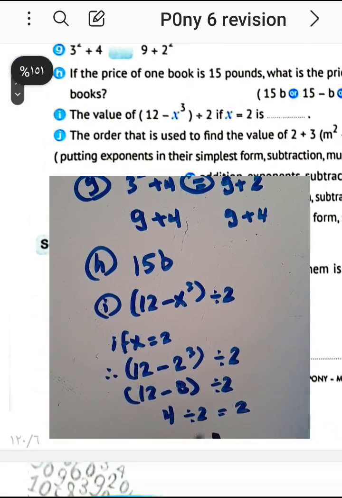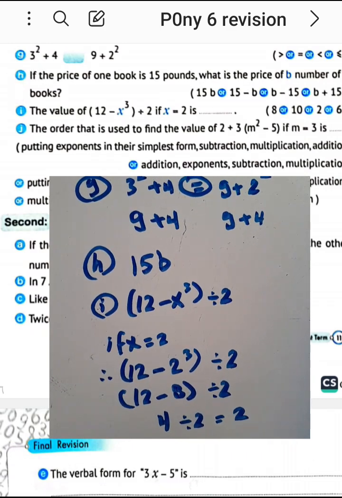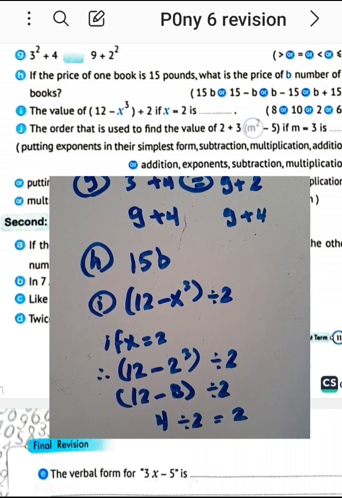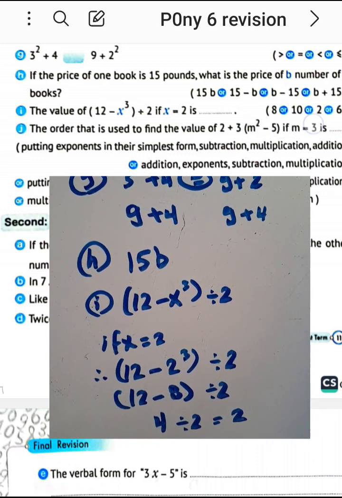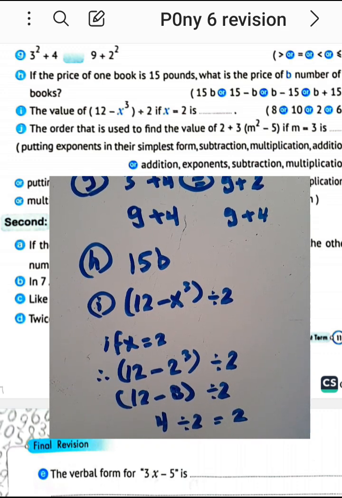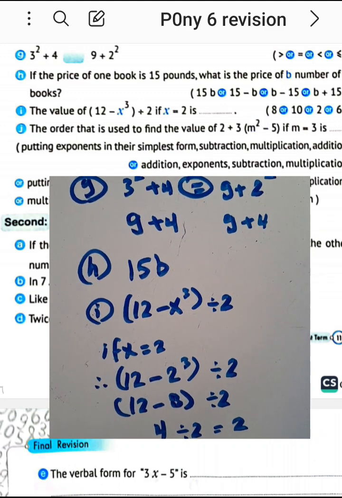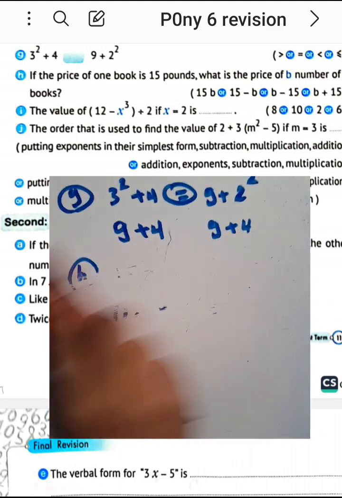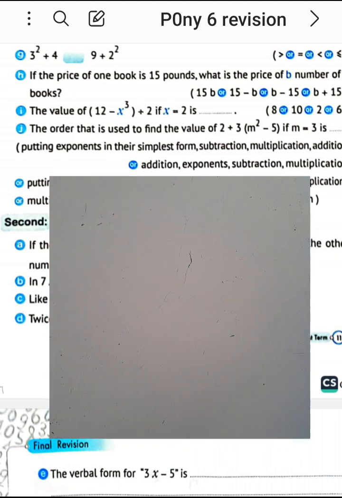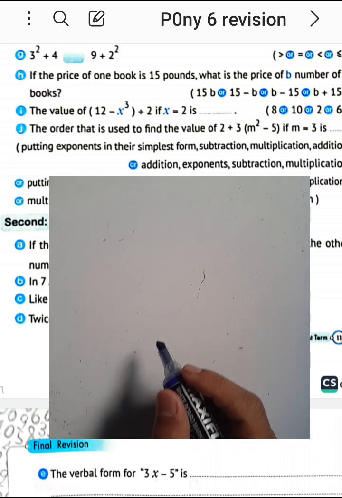Question letter J. The order used to find the value of 2 plus 3 times the difference between m squared and 5 if m equals 3. We know parentheses first, exponent next, multiplication and division in the same step, addition and subtraction from left to right, first come first served.